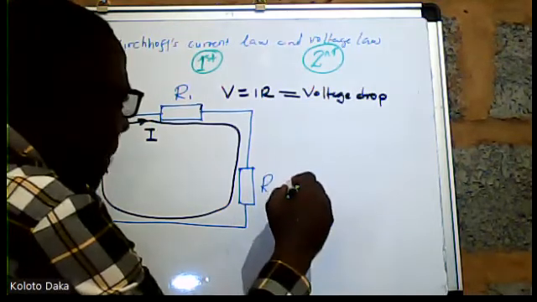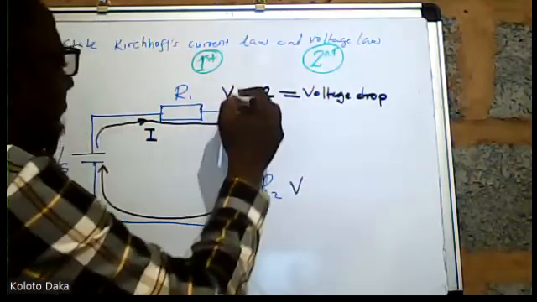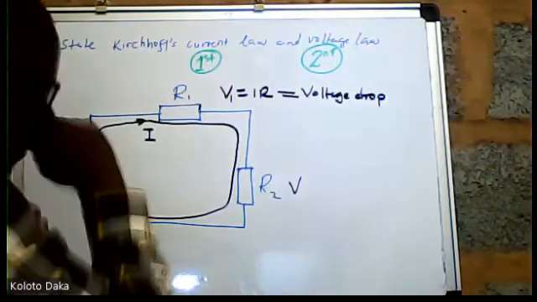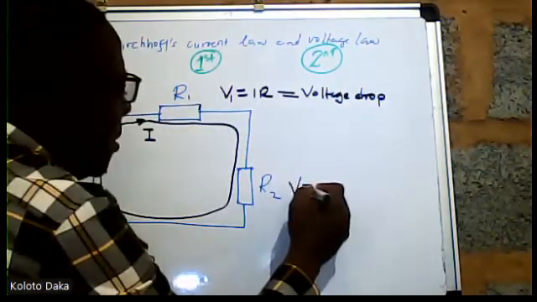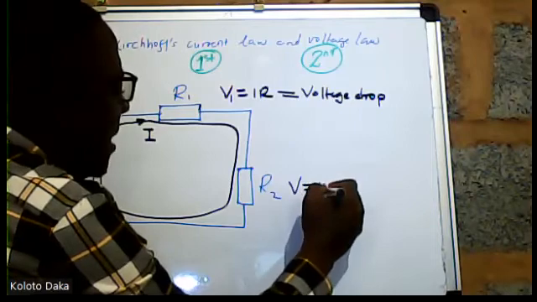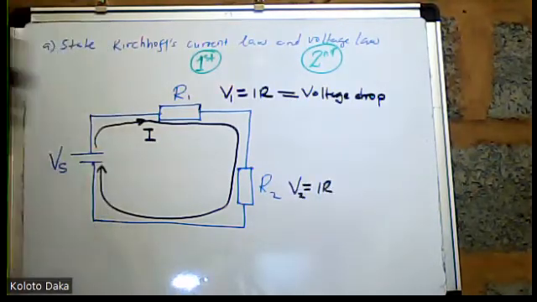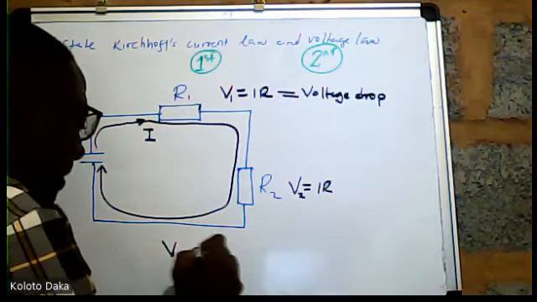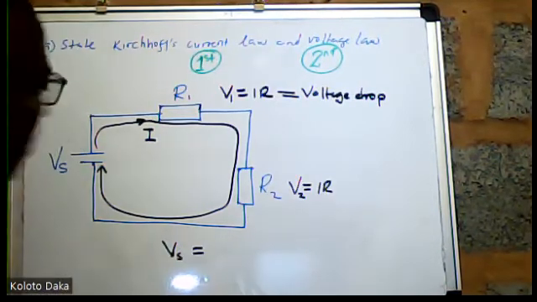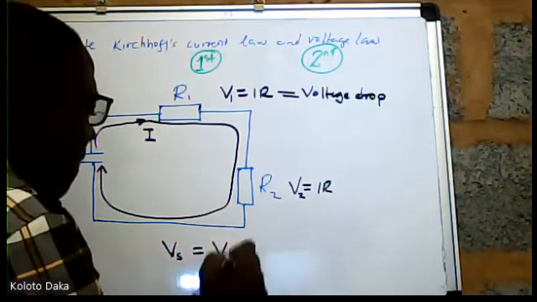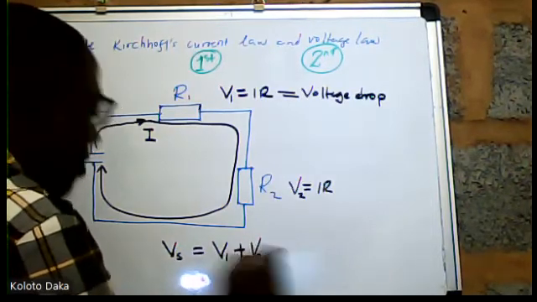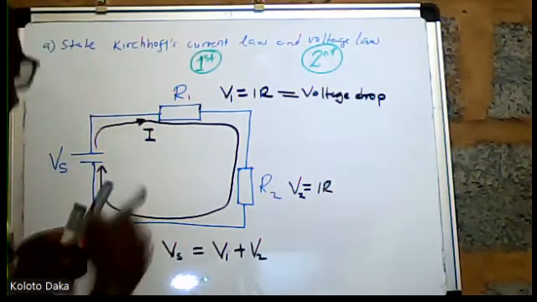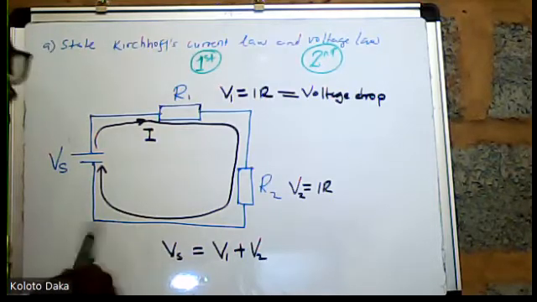Here again, there will be another V, so we shall call this V1. There will be another V equal to IR. We shall call it V2. So what we are saying, according to Kirchhoff's voltage law, is that Vs, voltage supplied, should be equal to V1 plus V2.